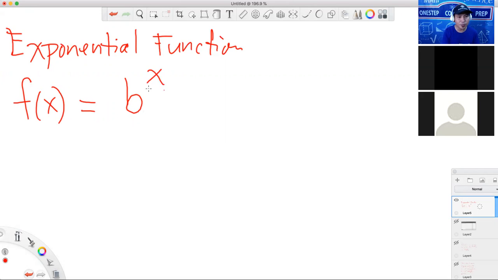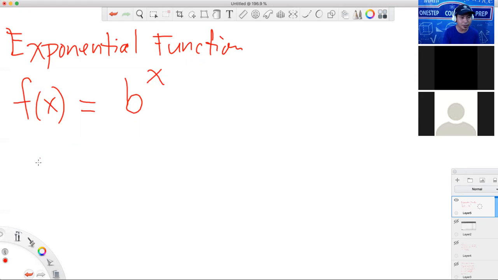So we have a superscript here, and we call this the exponent. So basically, when we have an exponential function, we have the variable in the exponent, especially when we take x as a variable involved in the exponent.